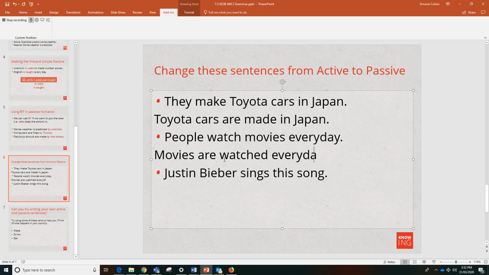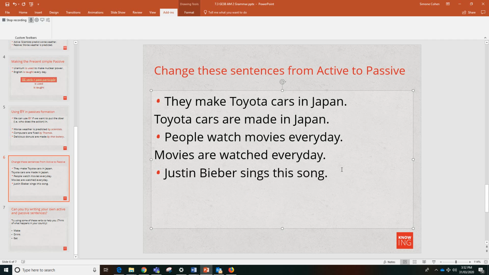Now, we don't necessarily need "by people" because who usually watches movies is not animals, not insects, but people. So it is obvious. Justin Bieber sings that song. Sorry.